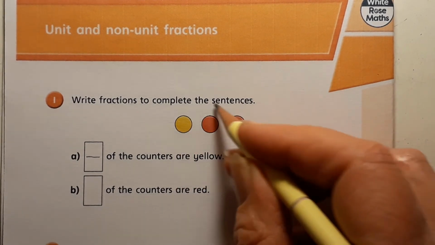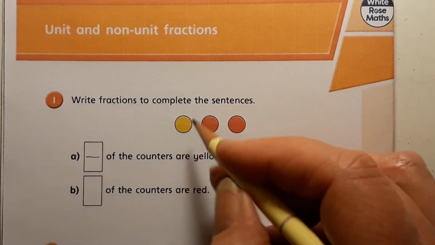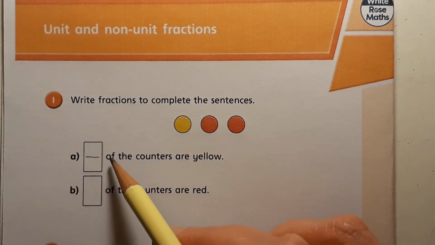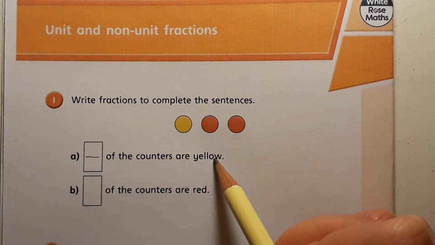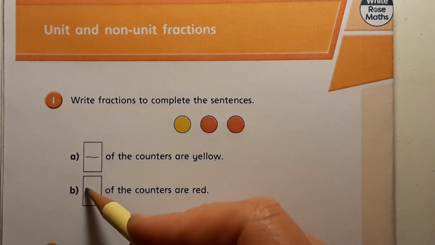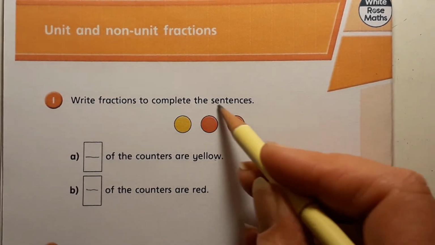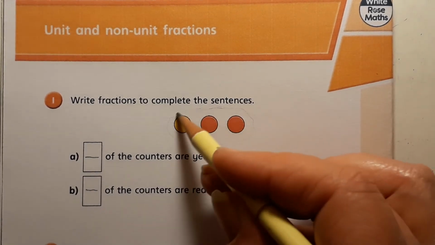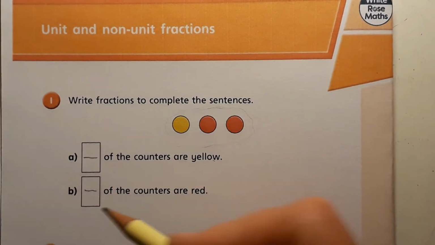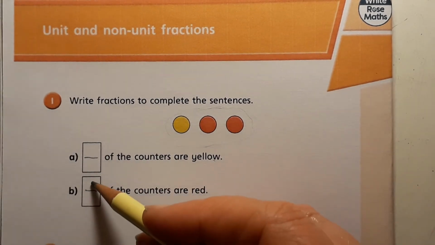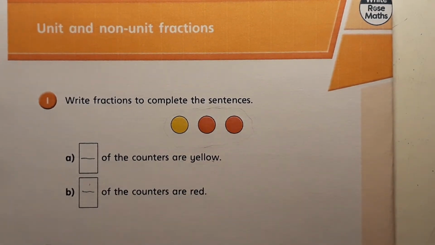In this case, you have 3 counters, and the numerator will be the number of counters that are yellow. Same denominator, because it's how many counters you have altogether, and then how many are red will be your numerator.